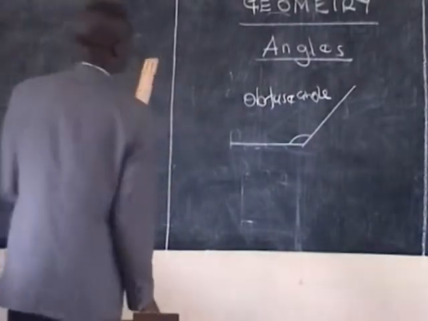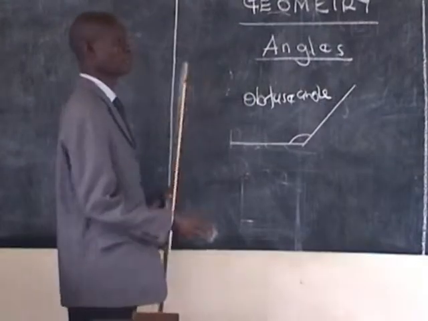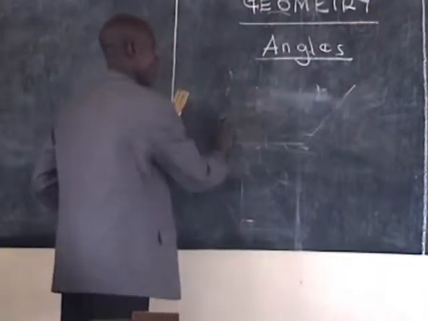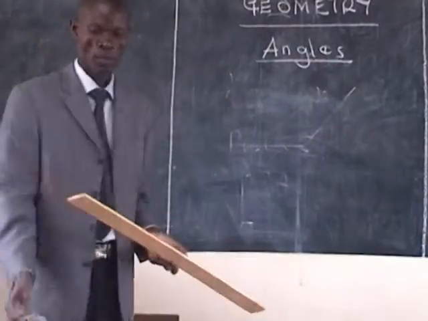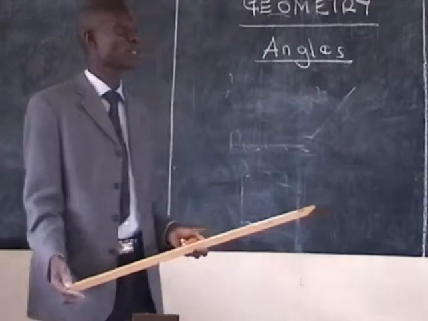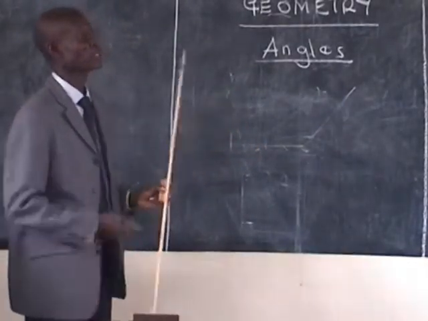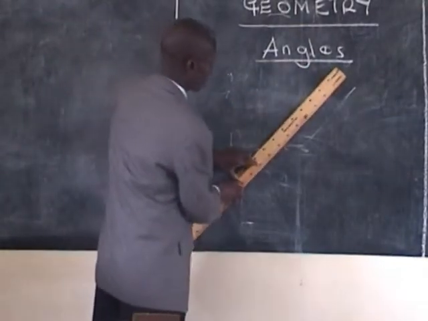Now the last angle that we discussed in our previous class was a reflex angle. And just as you explained, a reflex angle is an angle that is more than 180 degrees but less than 360 degrees. So this is how we're supposed to draw a reflex angle.